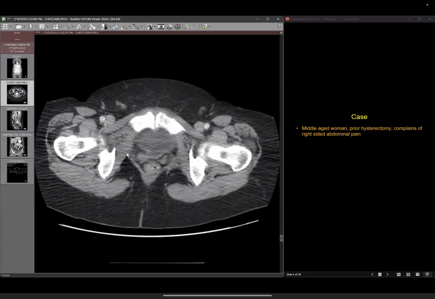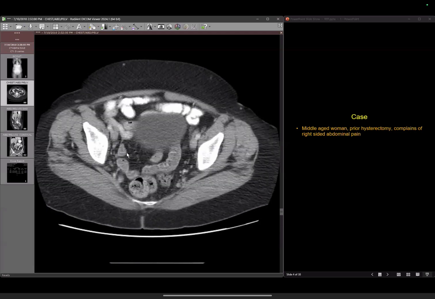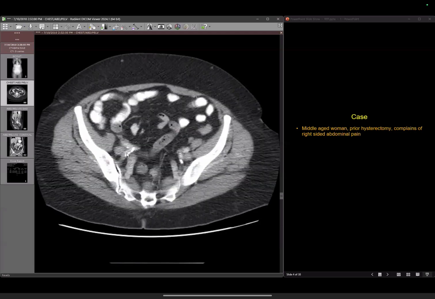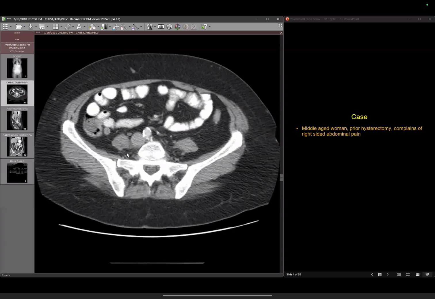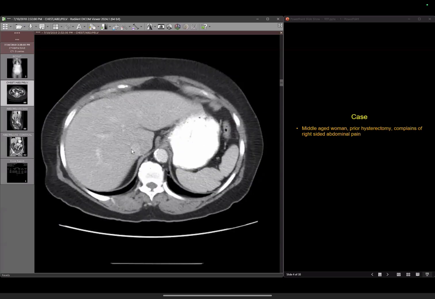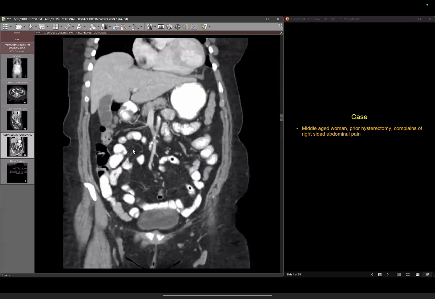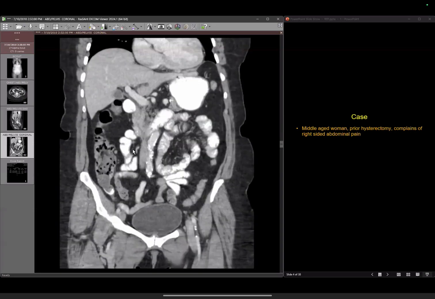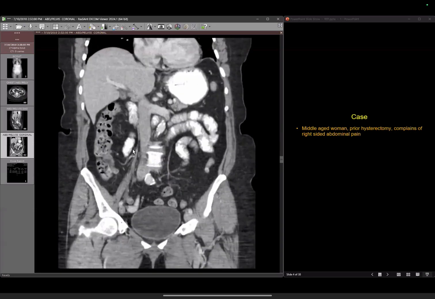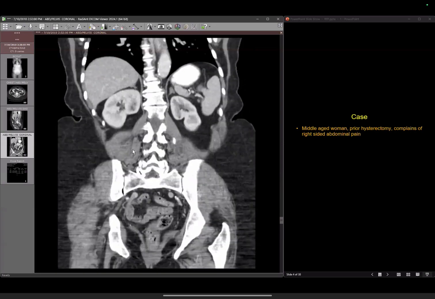So that's the axial. I'll go back again slowly. Here's the coronal.